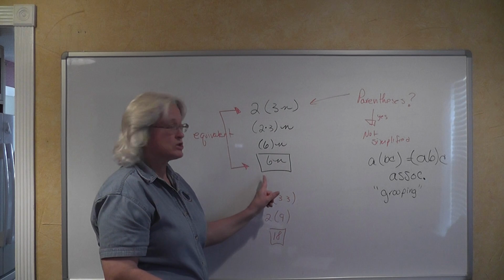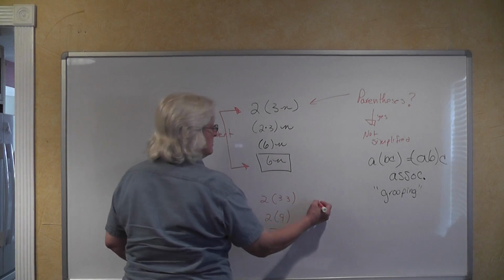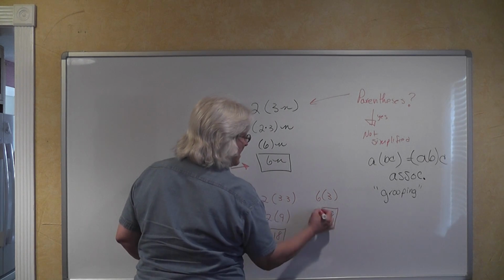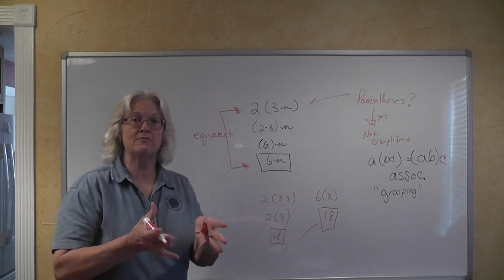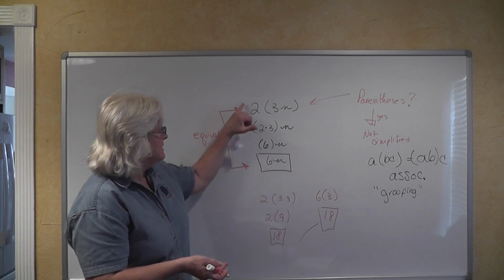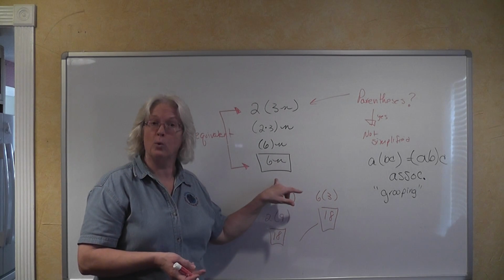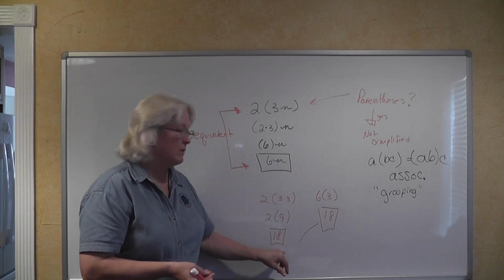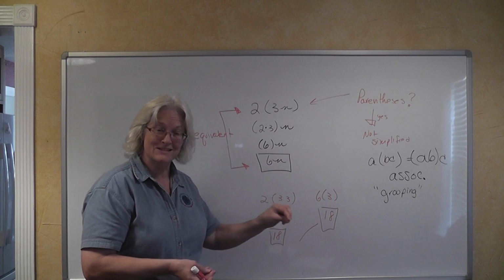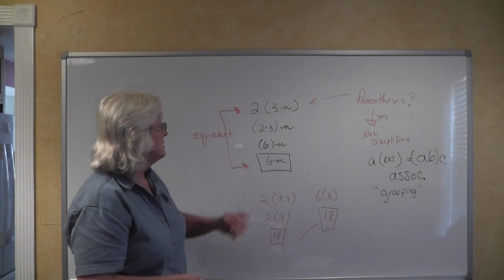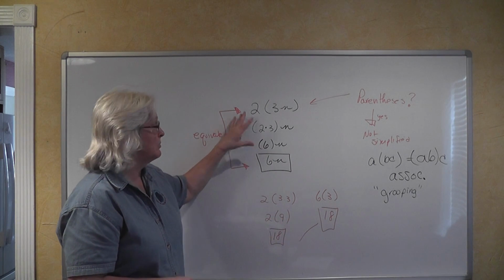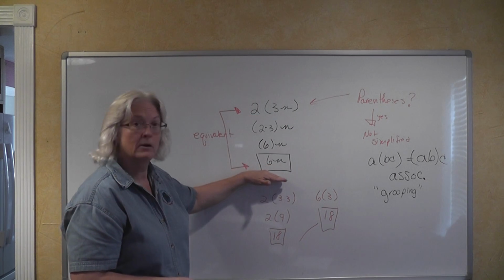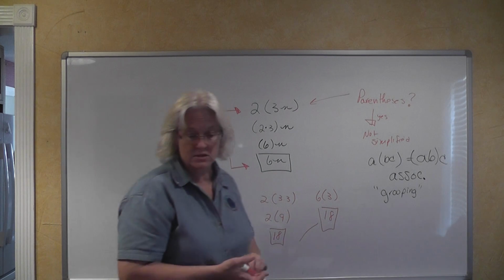We take this expression here and we substitute in a 3 for that n, and we have 18, and we see verified for us that these 2 expressions are equivalent because they have the same value when you use the same number to substitute in for the variable. So this is using the associative property. It lets us come up with, instead of saying 2 times 3n, that the answer is just 6n.